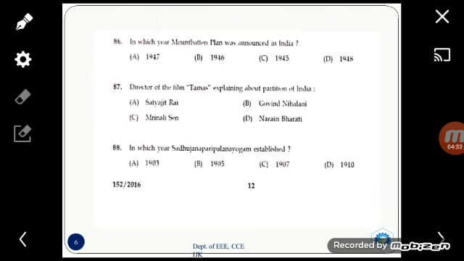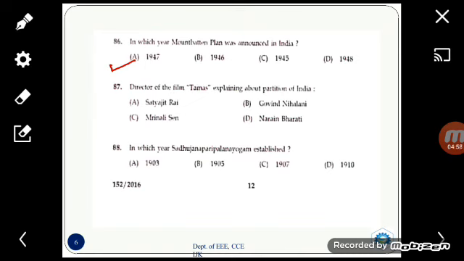Next one is: in which year was the Mountbatten Plan announced in India? The Mountbatten Plan was announced in the year 1947. That is option A, 1947. Next question is: director of the film Tamas, explaining the partition of India.